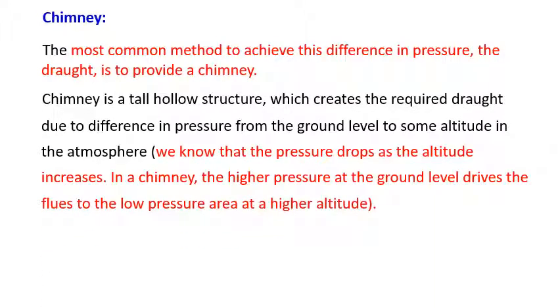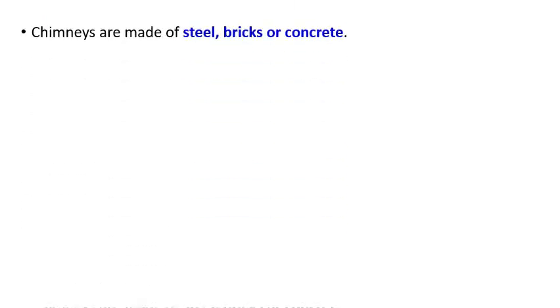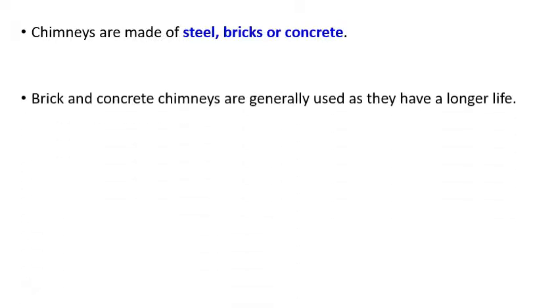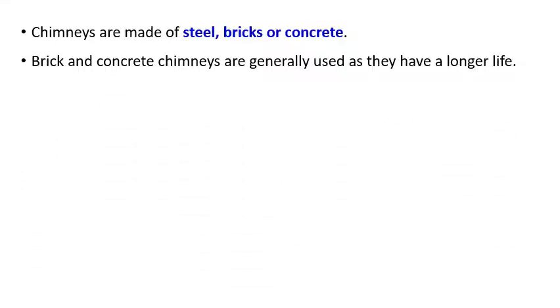The chimney is a hollow structure to make the flow of flue gas very easy through it. Chimneys are made of steel, brick or concrete. Brick and concrete chimneys are generally used as they have a longer life.